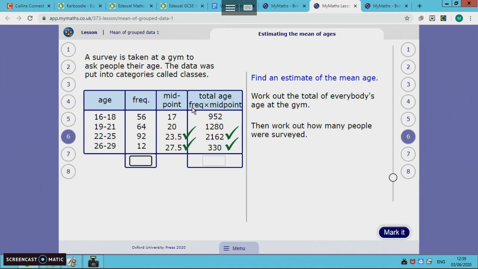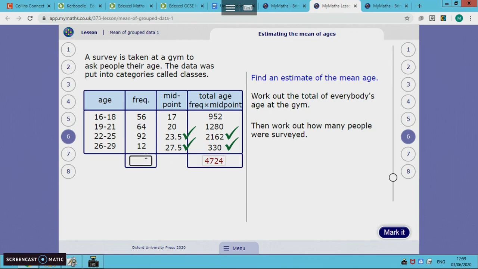Lovely. So what we do then to find the estimate of the mean is we find the total of the FM column, like we would usually do with FX, but it's now FM. So 952, add 1280, add 2162, add 330, is 4724.